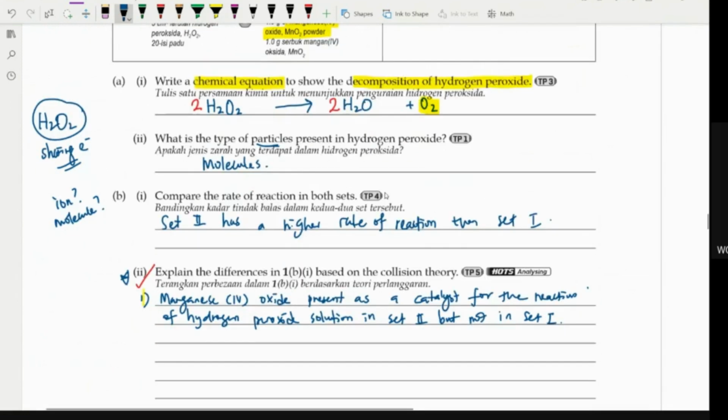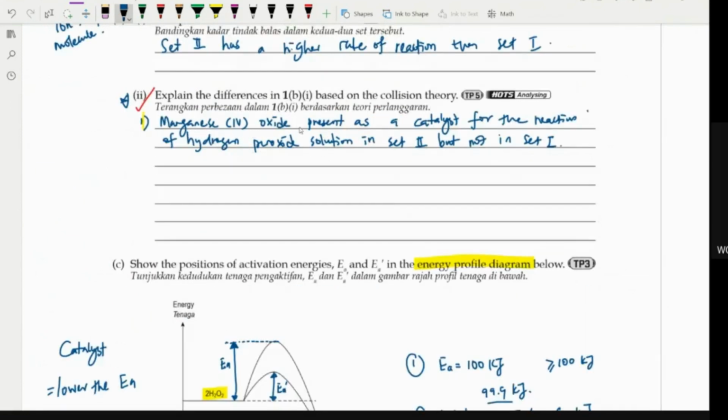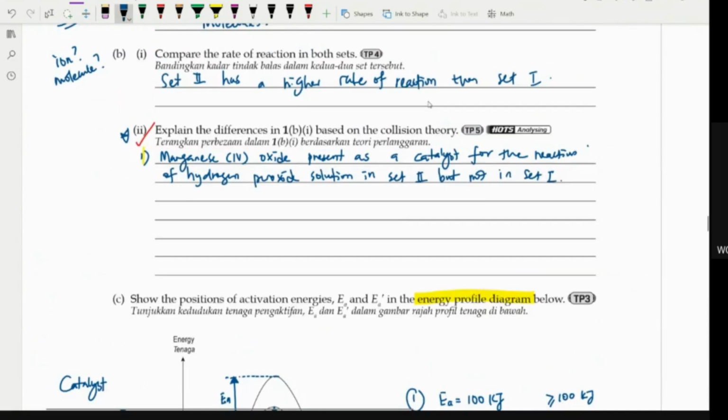Okay, so this one is a suggestion only. You can use a different sentence but the same meaning. Set 2 has manganese(IV) oxide as a catalyst, but set 1 doesn't have. Also you can write like that.